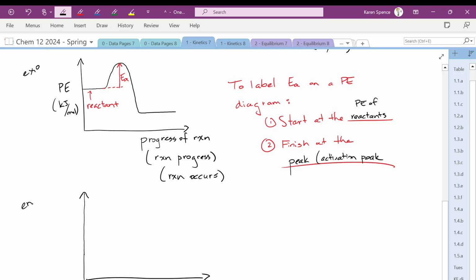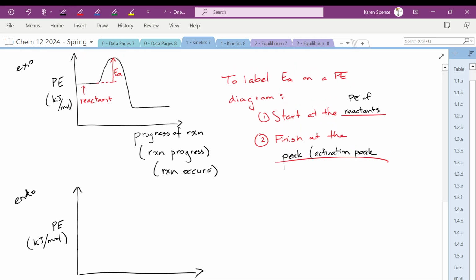Exothermic, this is endothermic. Here's my potential energy in kilojoules per mole. And this is the progress of the reaction. And because it is endothermic, I'm going to start low and I'm going to finish higher than before.